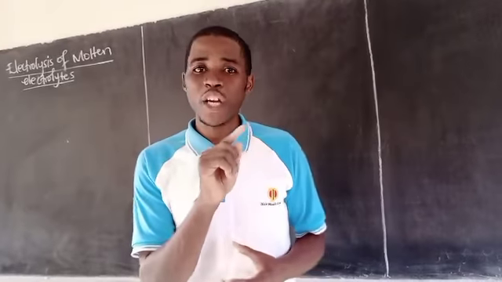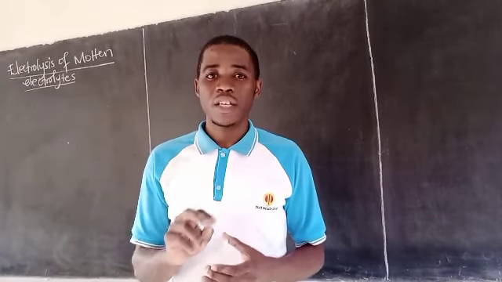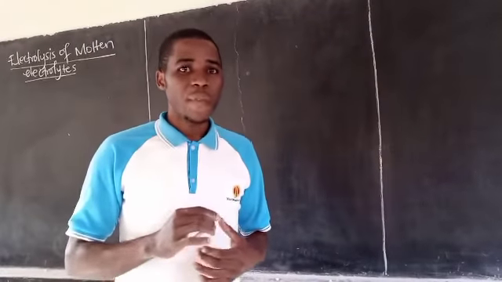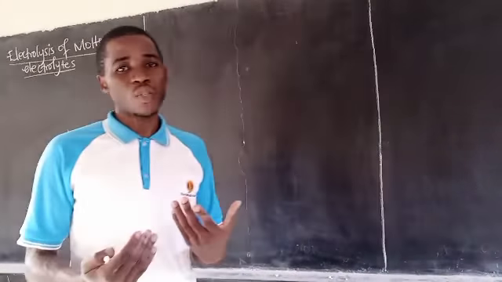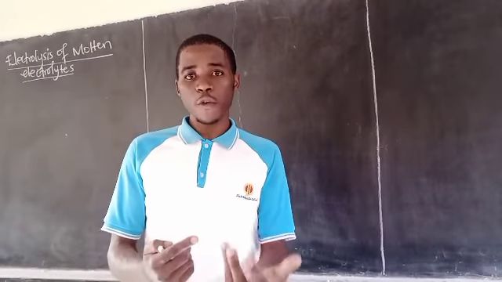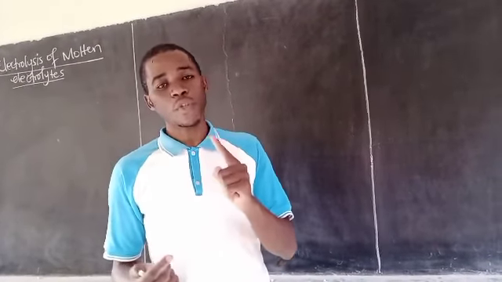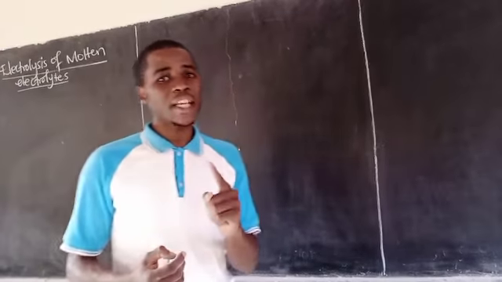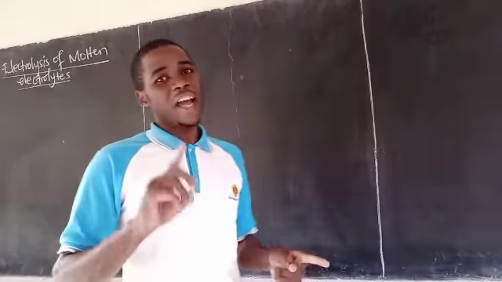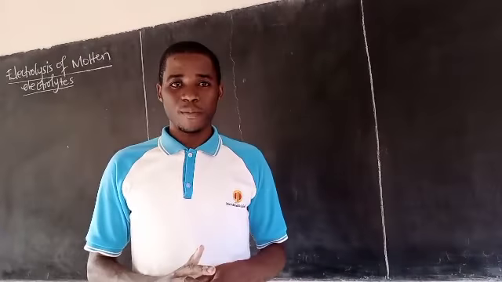Today we are specifically going to look at molten electrolytes. As we said, an electrolyte is a substance which can conduct electricity in either molten form or solution form and is decomposed in the process.